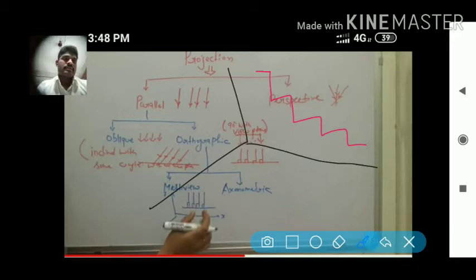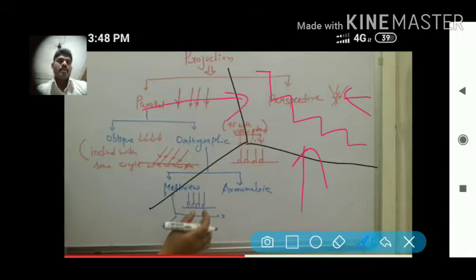And here is the x-axis. This is the y-axis. Now listen, these steps are perpendicular to the x-axis, yes or no? And these steps are parallel to the y-axis.